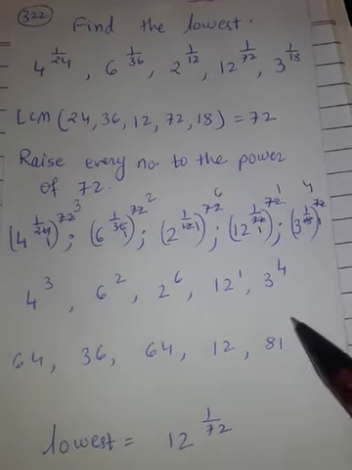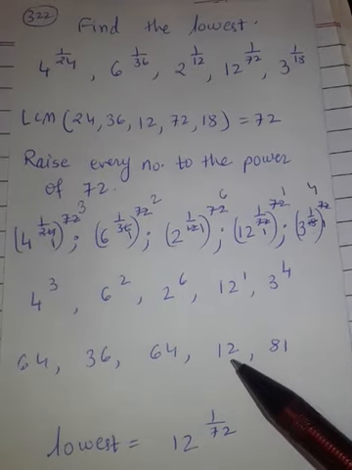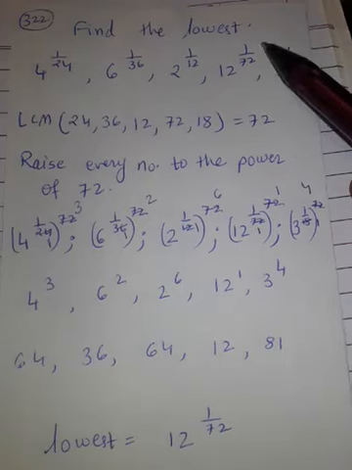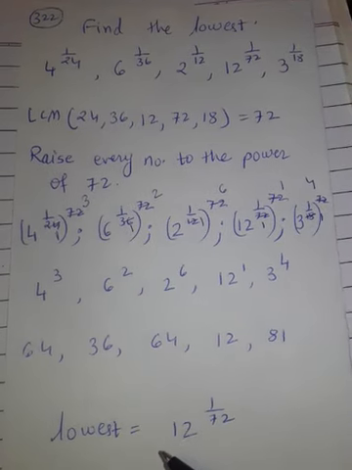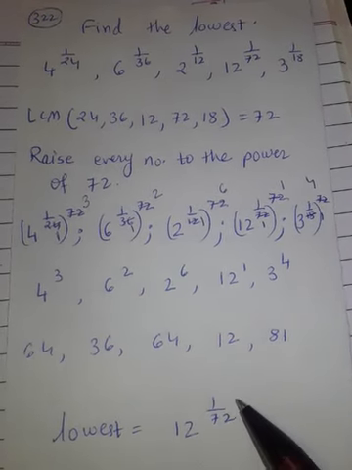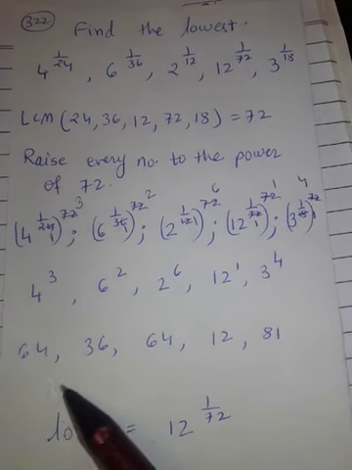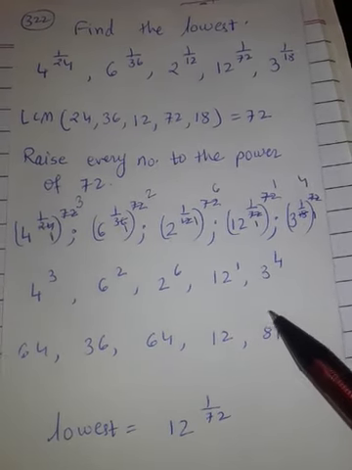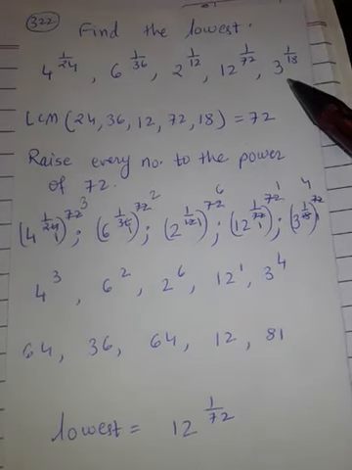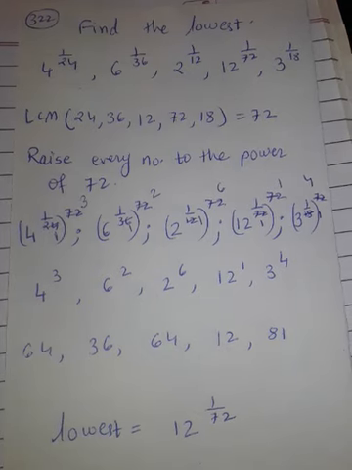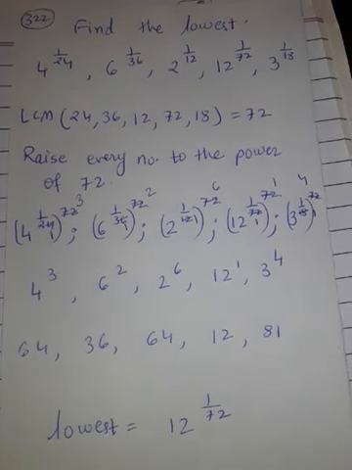You can see which one is the lowest. 12 is the lowest. This pertains to 12 raised to 1 upon 72. Hence the lowest is 12 raised to 1 upon 72. If the question was about the highest number, this is highest, that is 3 raised to 1 upon 18, that will be highest. Understood this trick?